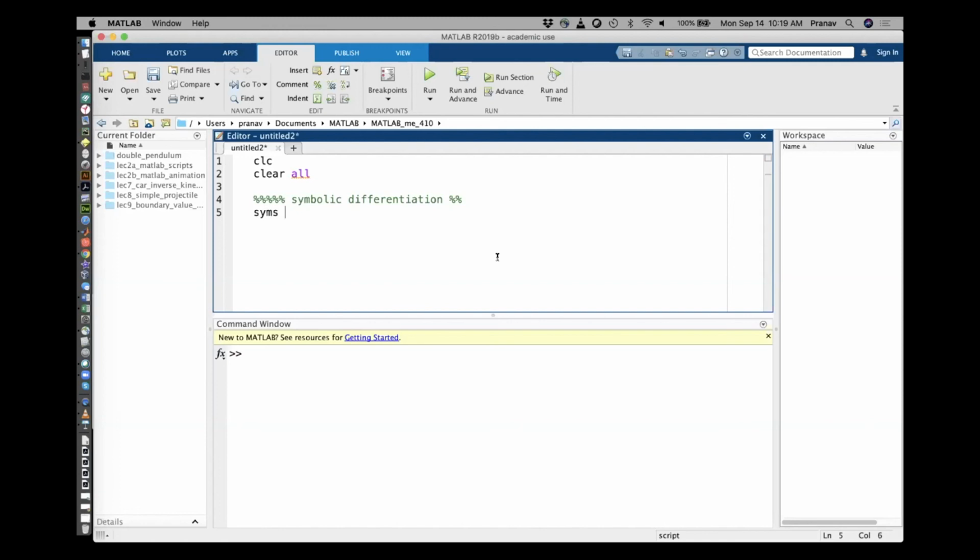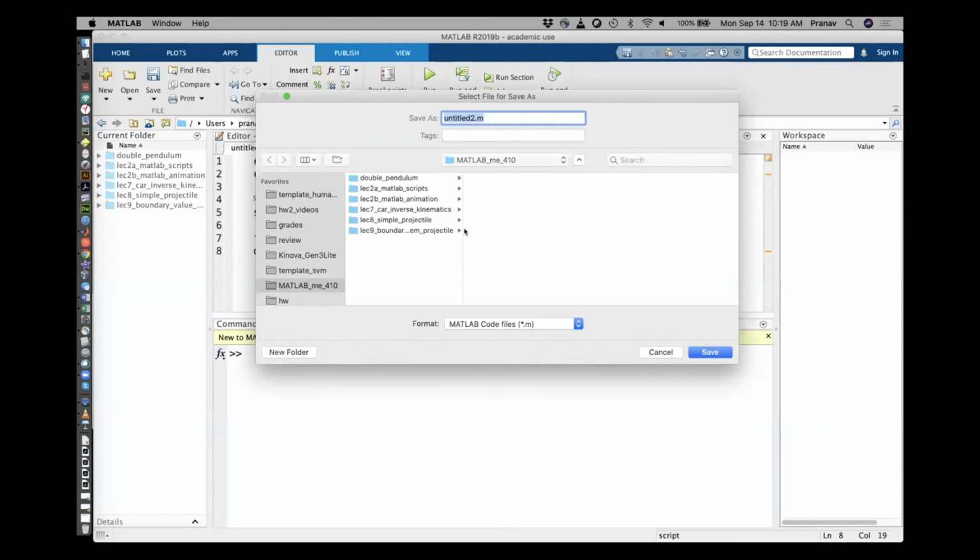Okay, syms x real, f0 was x squared plus 2x plus 1. df0 dx is diff of f0 with respect to x. So if you run this, we save this as example symbolic diff.